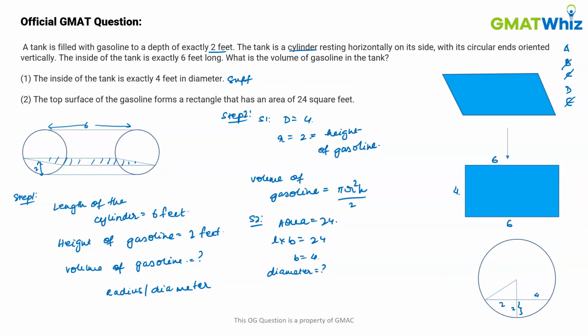Now if we take the distance from the center to this chord as x, okay, the radius would be x plus 2. So this length here is also equal to x plus 2, and we know that the radius and the chord makes a 90-degree angle. So let's check for what value of x would we have, can we find the volume of gasoline inside the cylinder. So since this is a right angle triangle, I can apply the Pythagoras theorem.